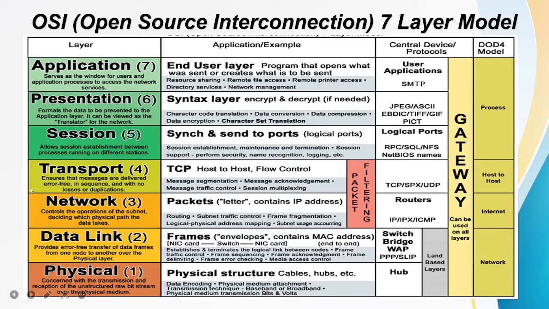So what is a layer? A layer is a stage, or a set of actions, at which the action is taken as per the specific protocol or method, and then the result passes to the next layer until the set of actions is complete.